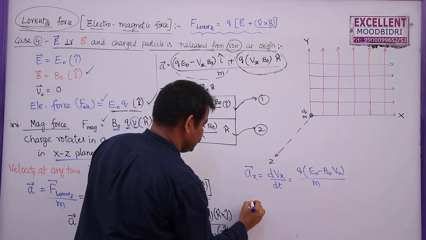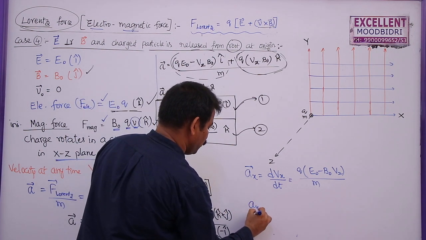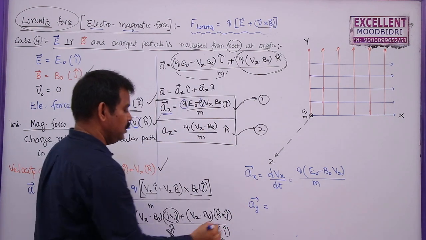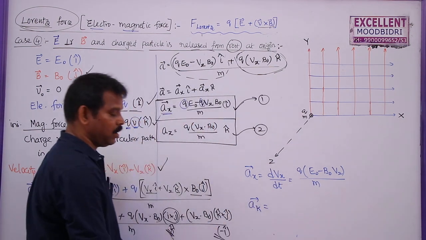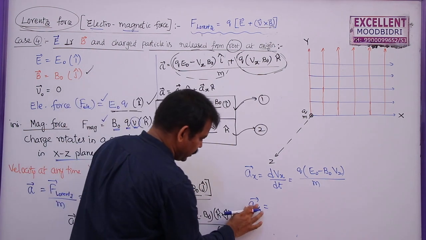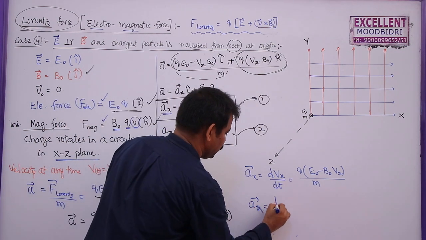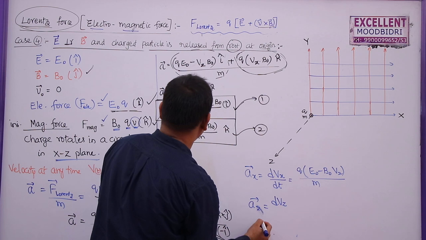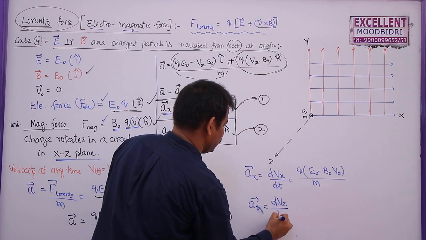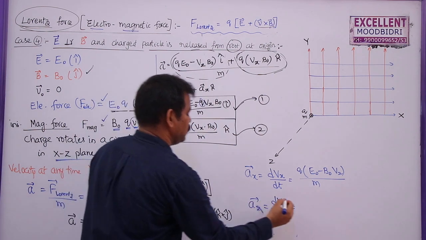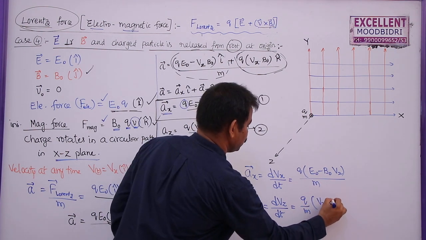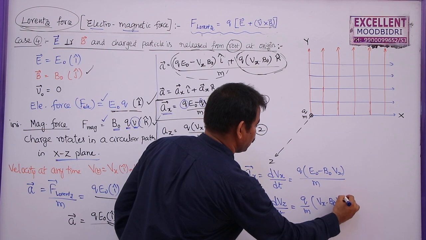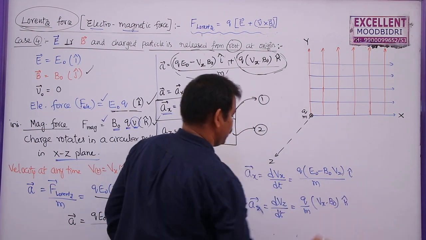Similarly, what is Az here? Sorry, this is along z-axis only. So a bar along z-axis is given by dVz by dt, which is equal to q by m into Vx B naught along k cap. This is along i cap.